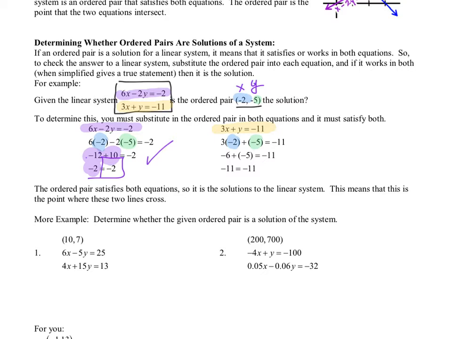So now I'm simplifying. 3 times -2 is -6, plus a -5. Sure enough, that equals -11. So yes, this also is a solution. Therefore, -2, -5 is a solution to the system because it works with both of them. So all you have to do is plug it in and see if it holds true for both equations.